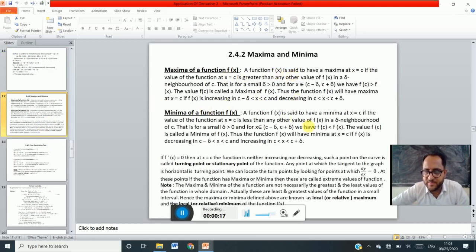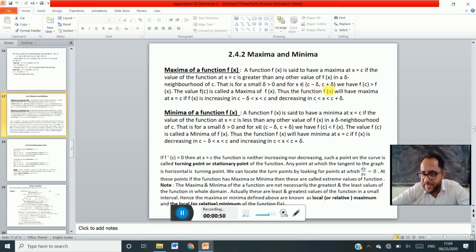What is maxima and minima? So maxima of a function and minima of a function. A function f of x is said to have a maximum at x equals c if the value of the function at x equals c is greater than any other value of the function in the delta neighborhood of c. Delta is a small number, that is, for small delta greater than 0 and x belonging to c minus delta, c plus delta.